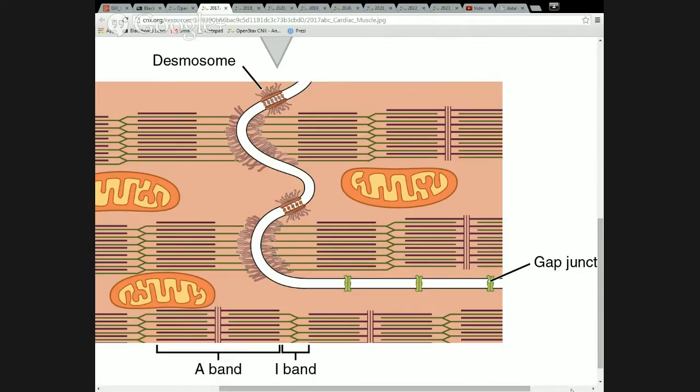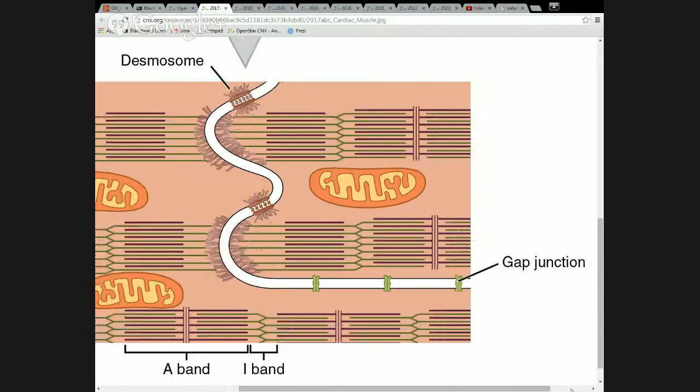These are what are called gap junctions. And again, back in the tissue chapter where it's describing desmosomes, they described gap junctions also. What they are is ion channels, but they're ion channels as an attachment protein. Now, they're not primarily there for attachment, but they do attach from one cell to the next.